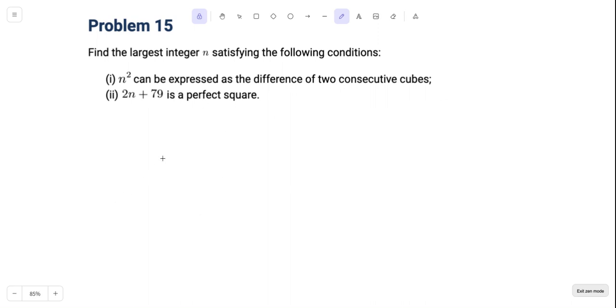Okay, let me list the form of these conditions. Find the largest n, and it's obviously less than 1,000 because it's an AIME problem. Okay, so the difference of two consecutive cubes. You should really do this in your head.